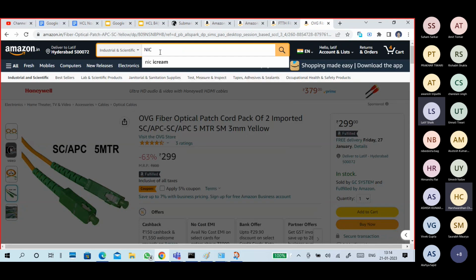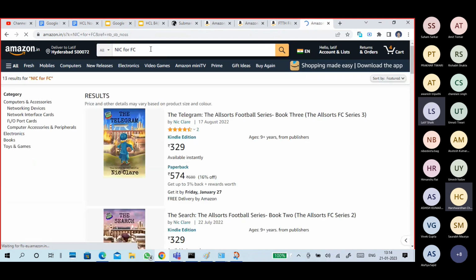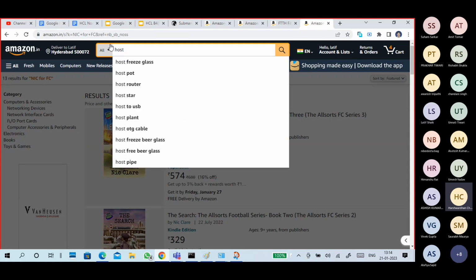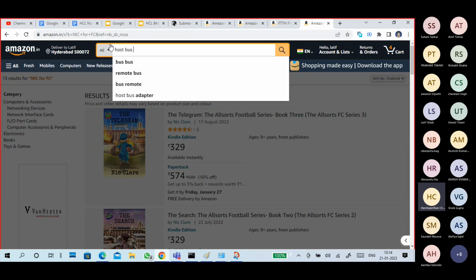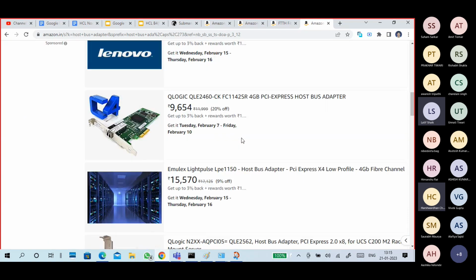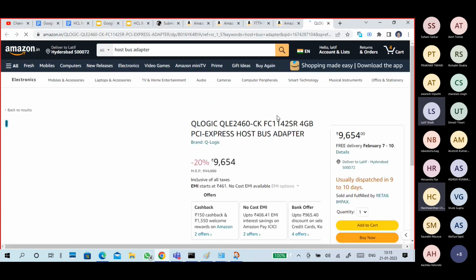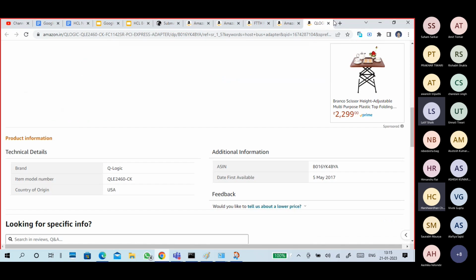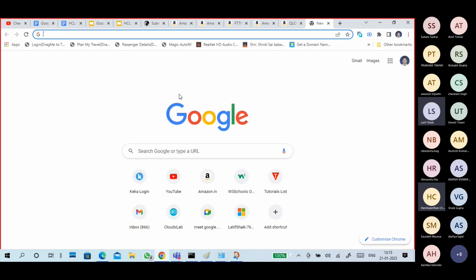So the NIC for the cable is actually the HBA, which is the host bus adapter. This is showing different kinds of stuff like this. This is inserted into the system. This is the connectivity, and switches work the same way, fiber optical type only.